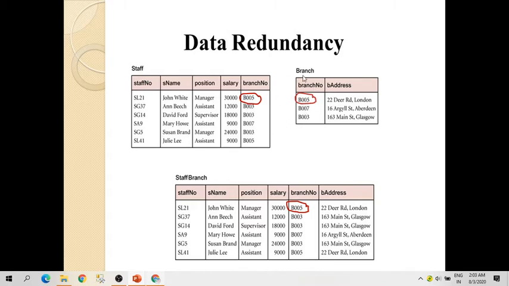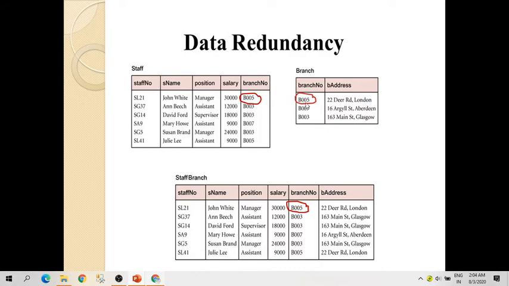We have to go to the branch table and the changes have to be done there separately, and also in staff branch. If any one of the tables in the file system doesn't change, then it will lead to data inconsistency.